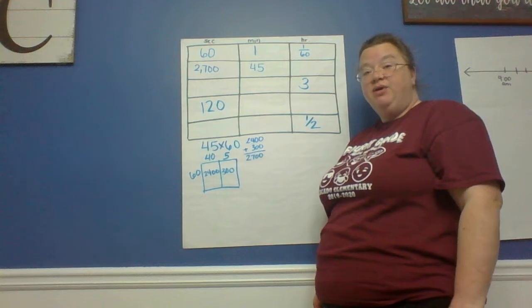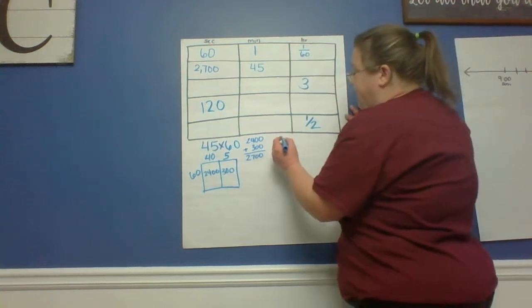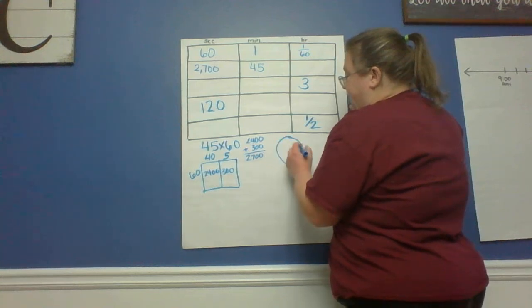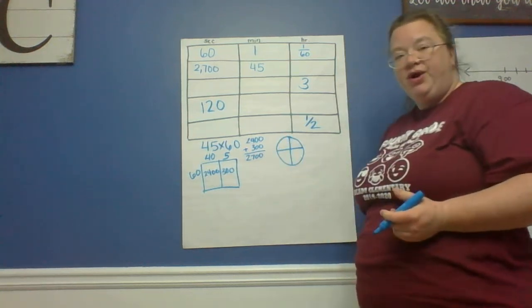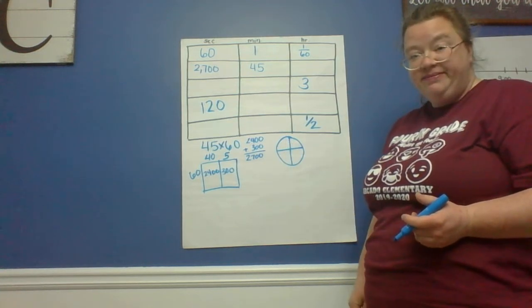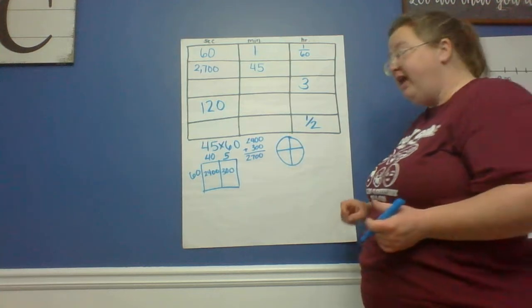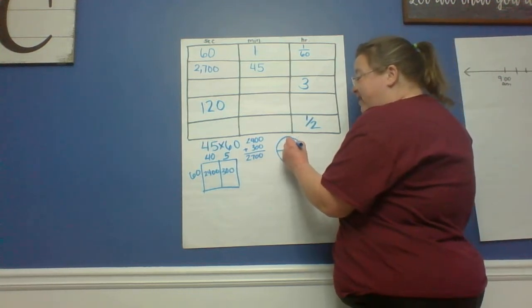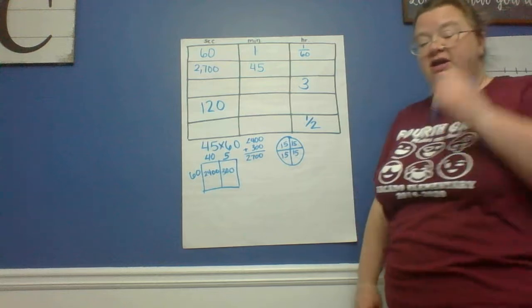And if you think about how much time passes, here I can draw it for you. If we divide our clock into quarters, we know that the whole thing is 60. So half of it would be 30, and half of that would be 15. So each of these quarter hours is 15 minutes.